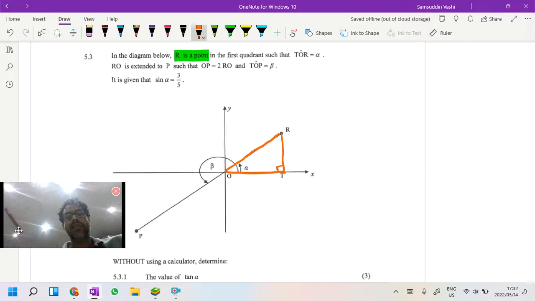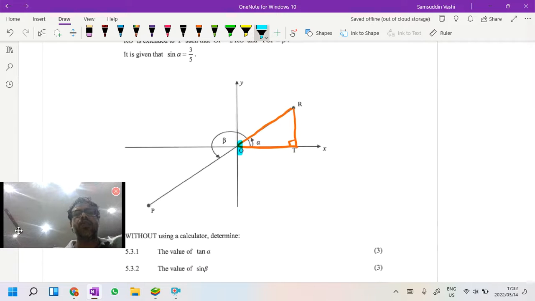Okay, there is angle alpha there, 90 degree is there. And so they are telling me TOR, so that angle O is alpha. RO is extended. So the moment one of the lines is extended, it extends until P, so I can complete the triangle there.